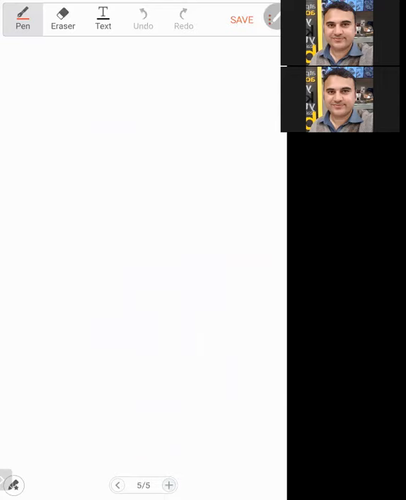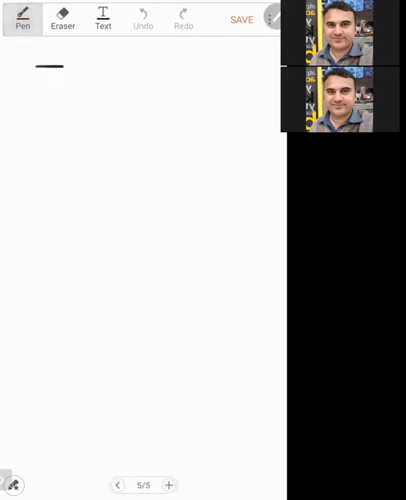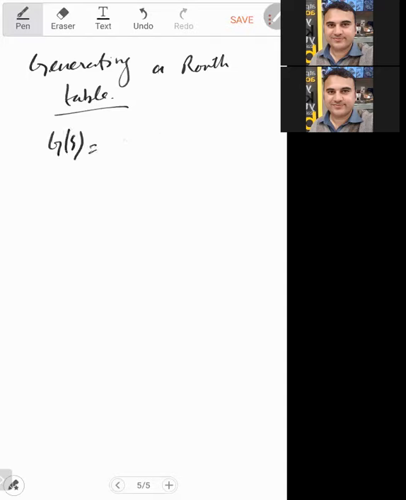So the most important thing is generating a Routh table. This is the most important. We just write that the transfer function of the system is equal to the numerator polynomial divided by the denominator polynomial.